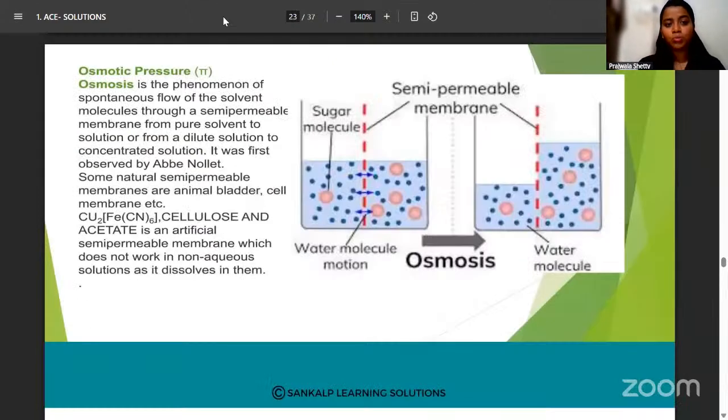You know what is osmosis, right? Just a movement of a liquid from one concentration to another concentration, we say, through a semi-permeable membrane. This is the general concept of osmosis, right? Flow of solvent through a semi-permeable membrane.